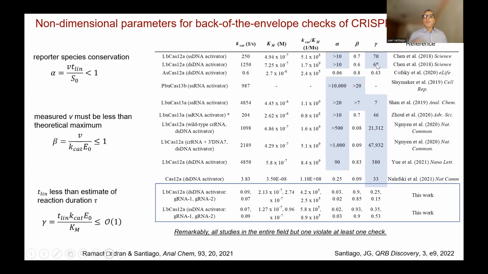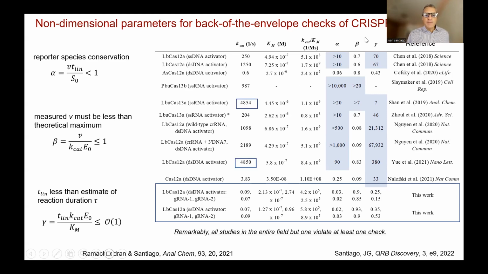As you can see, for example, the gamma values are on the order of 70, and alpha values are greater than 10. So basically, the vast majority of all CRISPR data ever published to date, and still the majority today, has serious flaws in how it's reported, including inconsistencies with how it's reported.